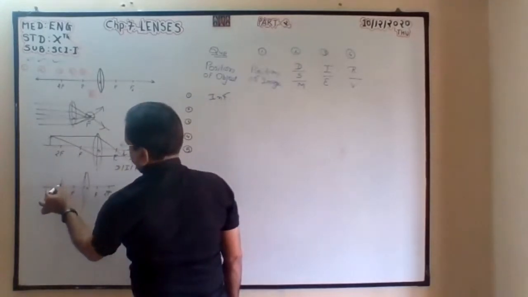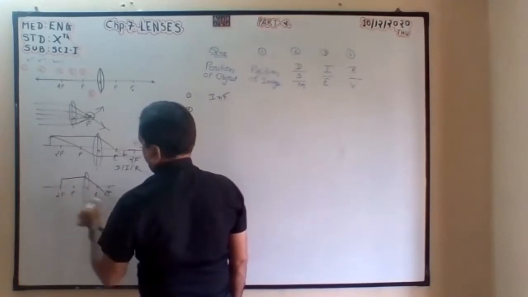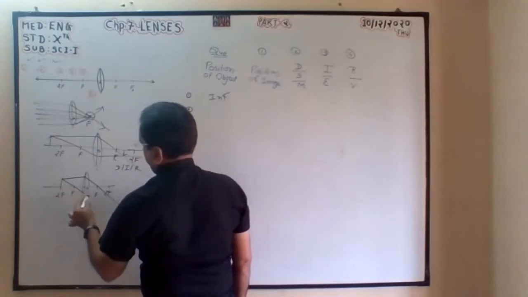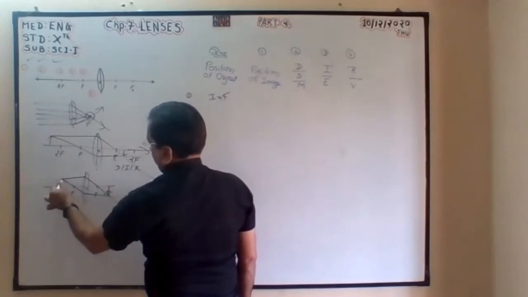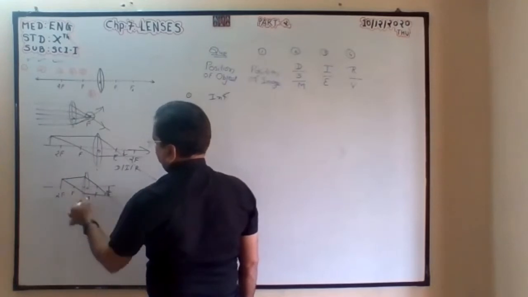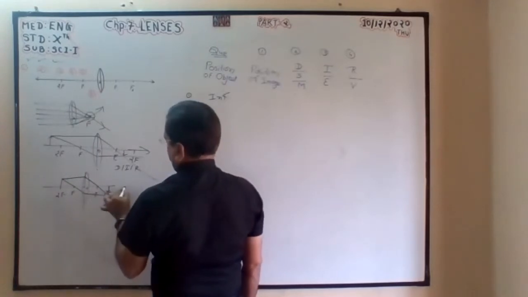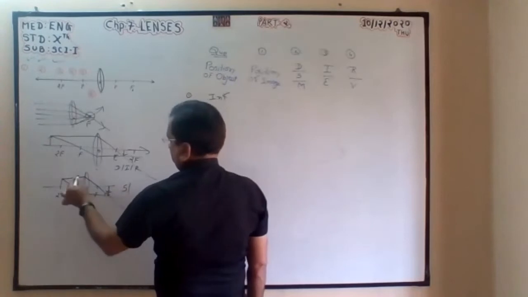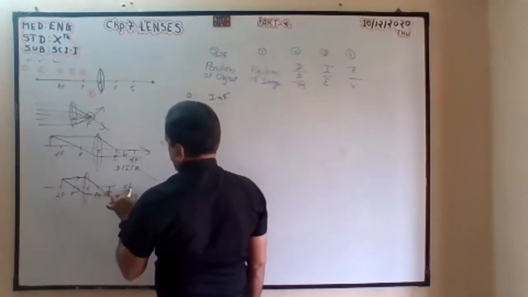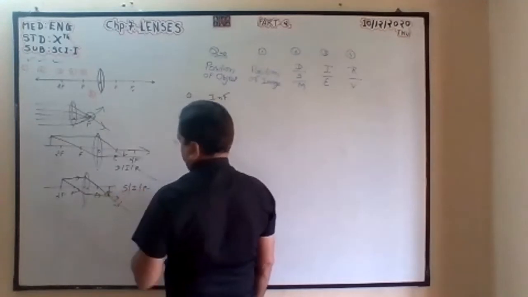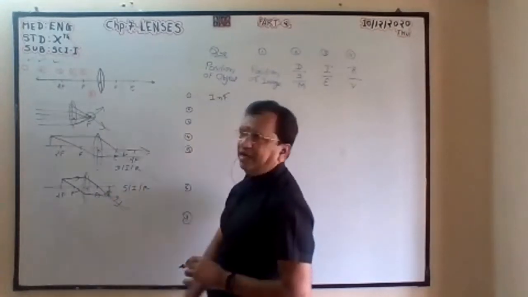Here, from 2F draw a parallel ray, pass through F, and from F pass through parallel. So at 2F to 2F, same to same. Up arrow goes down, down arrow goes up. So it is inverted and it is real, and the position is at 2F.